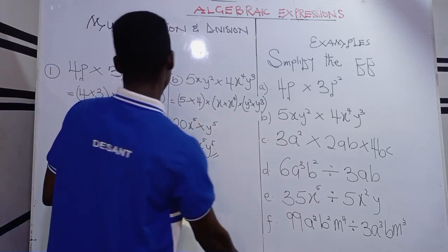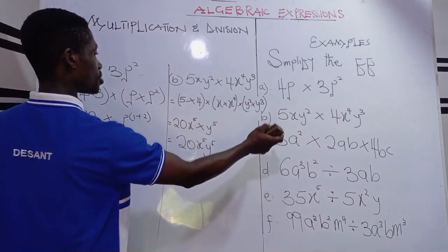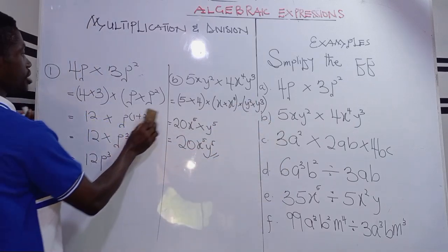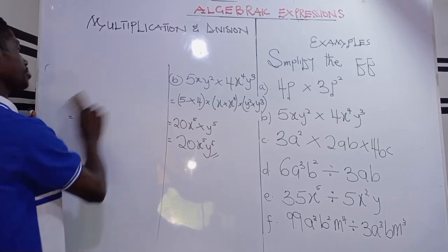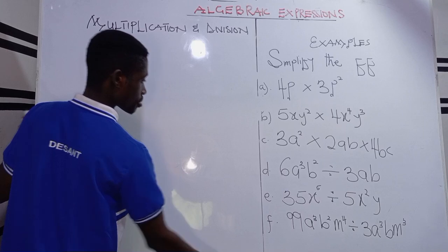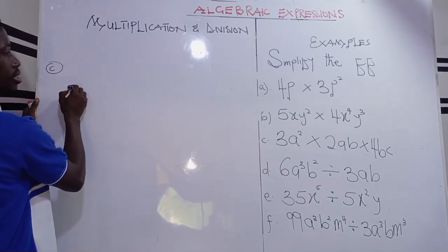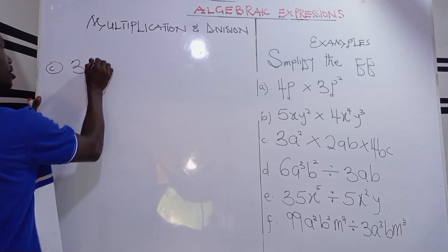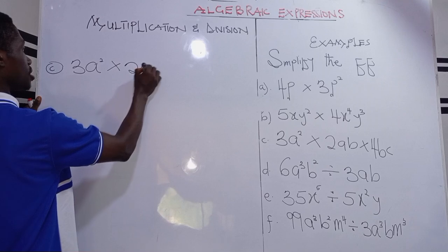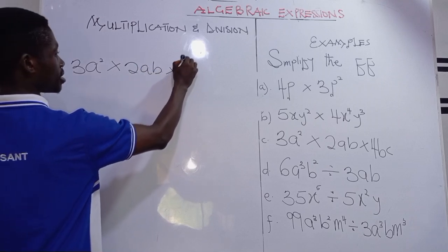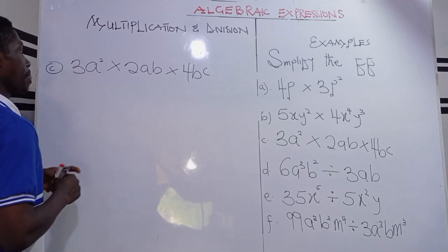Good. Let's take our next example. You can pause the video, you try your hands on example C. Pause the video and then you try your hands on that. So we have example C. 3a squared multiplying 2ab multiplying 4bc.